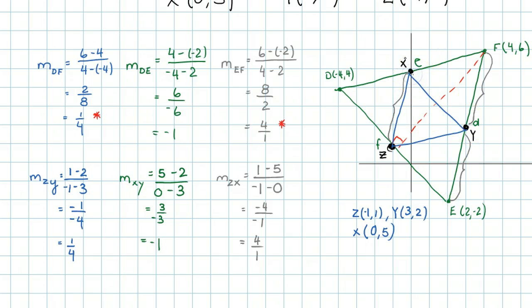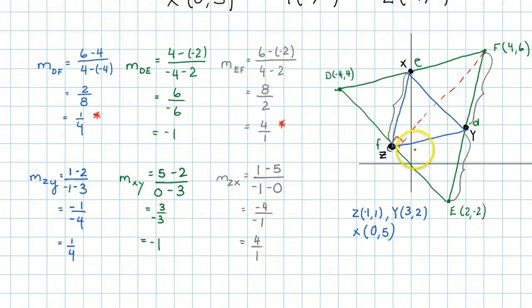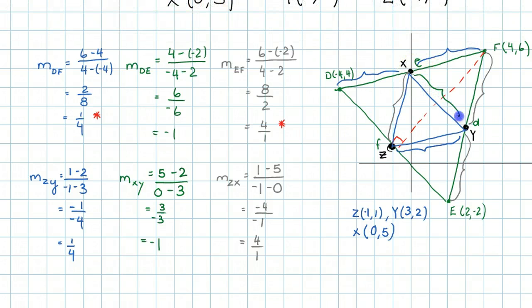I can take this point, let's change our color now. Let's go blue, ZY. If I take this point here, this length here, I can tack it on there, and I can tack it on there. And if I take this length here, I can tack it on here, and I can tack it on here.